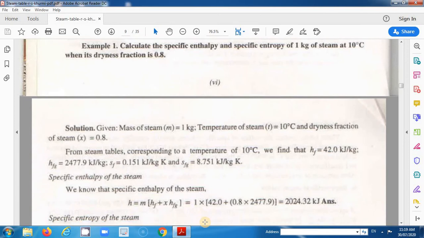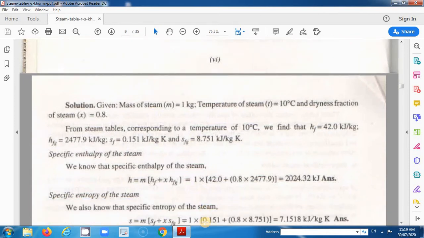Now the first answer asked is the specific enthalpy of steam. We know that the given steam is a wet steam because the dryness fraction is given. Specific enthalpy of steam is given by the formula H is equal to mass into HF plus X HFG. Why is X here?